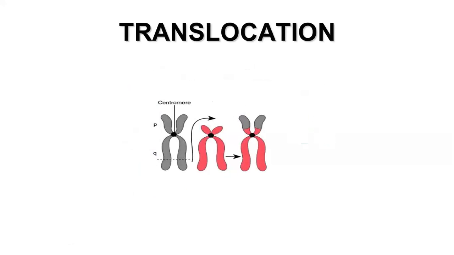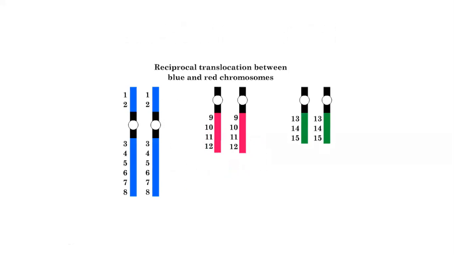Please observe carefully. The genes are exchanged between blue and pink. Now, the blue color is one pair of homologous chromosomes and the pink is another pair. Exchange is taking place between blue and pink.